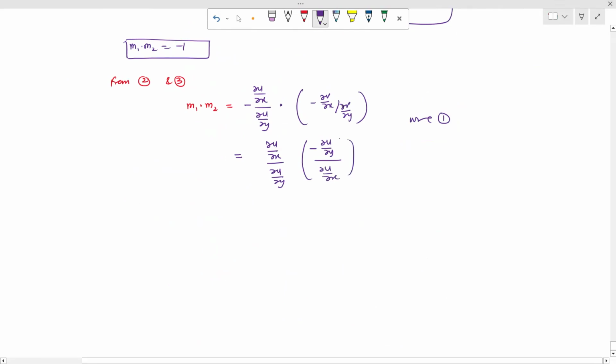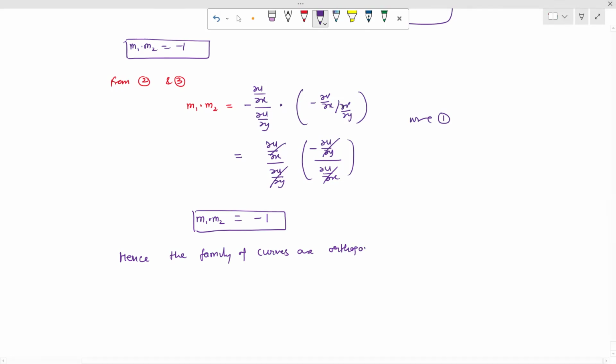So this del v upon del y cancels with del u upon del x, and this cancels with this, which gives us -1. So this satisfies the condition of orthogonality, m1 m2 = -1. Hence the family of curves are orthogonal. So we have proved this theorem.